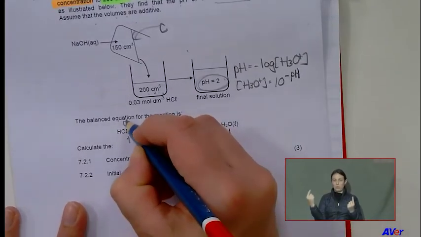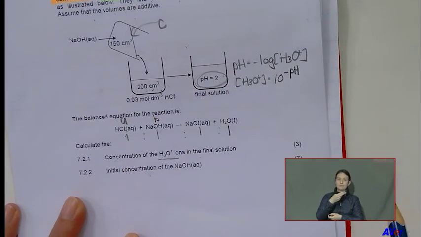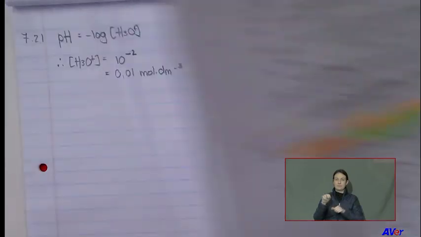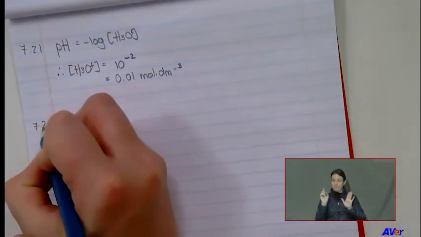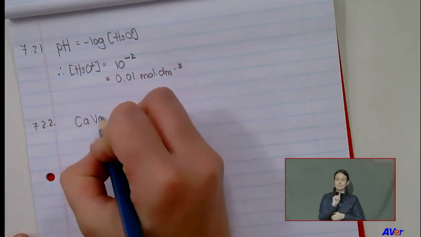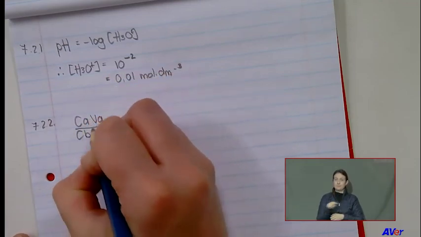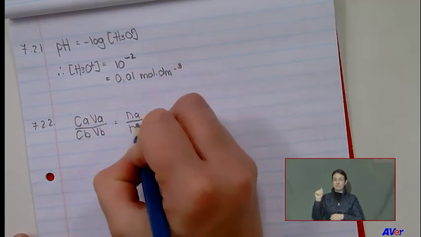We know hydrochloric acid is the acid, sodium hydroxide is our base. So, the formula that I like to use is CA VA over CB VB is equal to NA over NB.